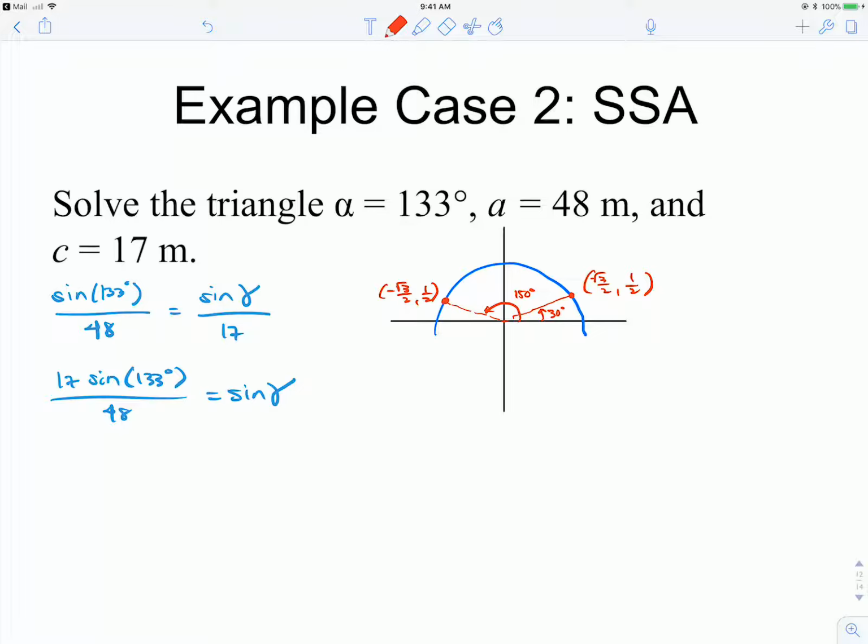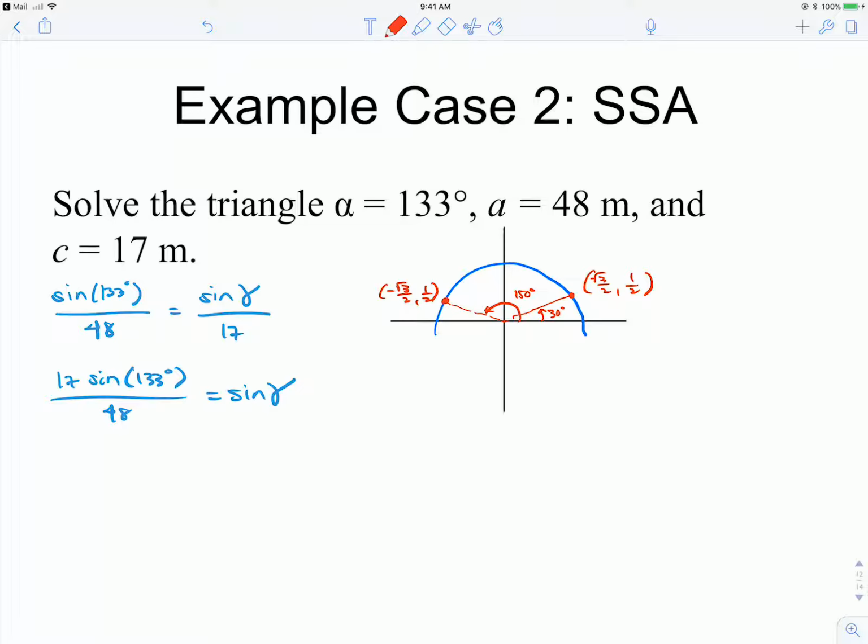Well, notice that sine of 30 degrees is equal to sine of 150 degrees. They're not coterminal angles, but those angles are supplementary to each other, right? 150 degrees plus 30 degrees gives us 180 degrees. So there's always going to be an angle from quadrant 1 and an angle from quadrant 2 that give us a positive ratio.